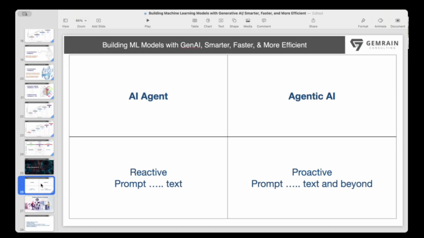ChatGPT will find me the airlines, the price, the time, and then maybe sort them based on price, time, or the feedback of people on those airlines, and give me those suggestions. All right. This one we call a reactive prompt. Whatever you ask, you get the answer. With a proactive prompt, whatever you ask, you get the answer and whatever is related.